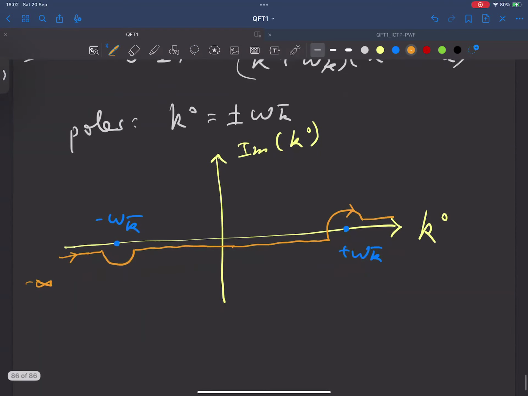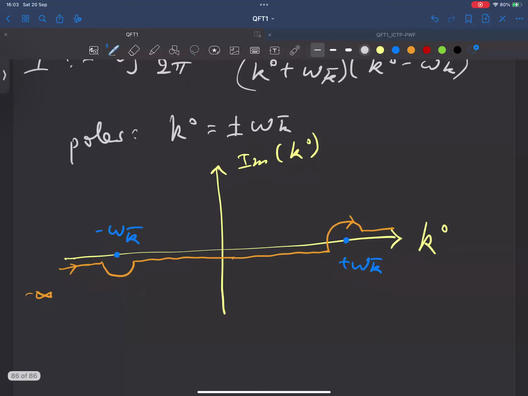That's how I will specify my contour, from minus infinity to plus infinity. The negative pole I will go below, and the positive pole I will go above, and we will see why we take this prescription. For now, just take it from me. You can do the opposite, but that will give you something different. Then we will either close the contour upwards, or we will close the contour downwards.